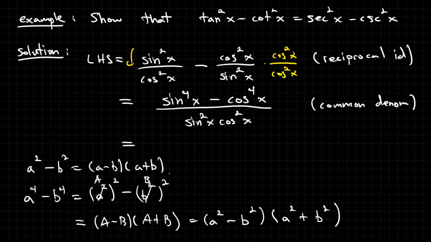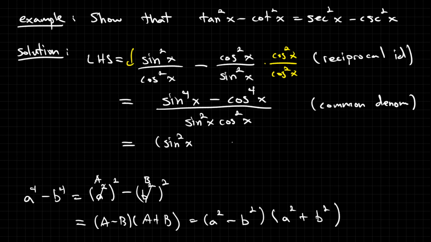And so sine to the fourth of x minus cosine to the fourth of x, I'm going to go ahead and remove this. That's going to be, well, this says a to the fourth minus b to the fourth is a squared minus b squared times a squared plus b squared. In this case, a is sine of x and b is cosine x.